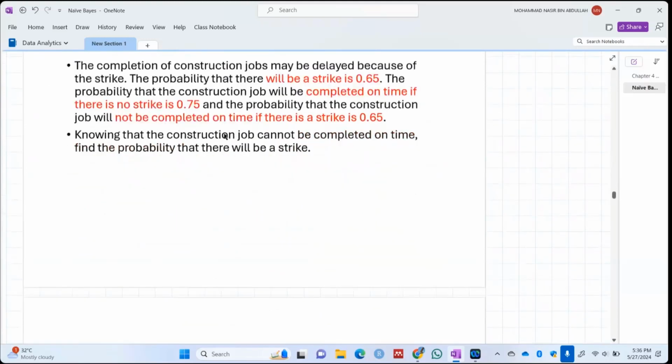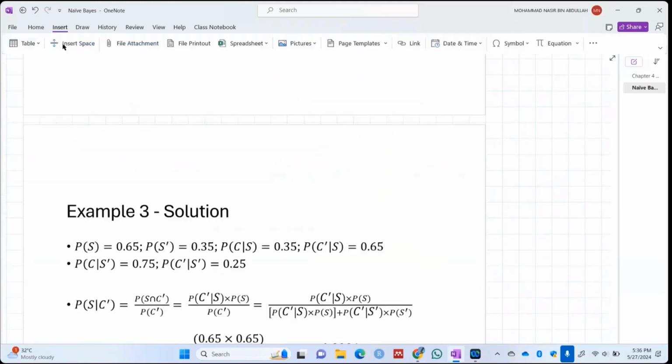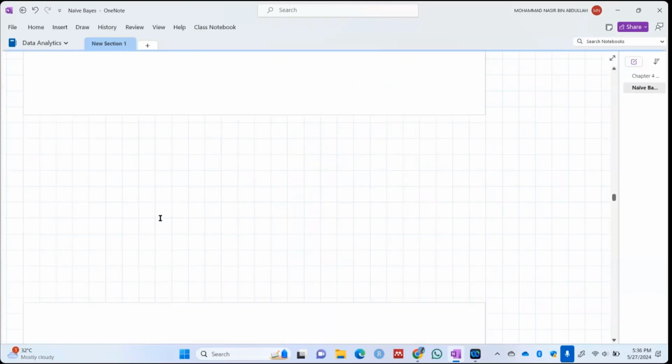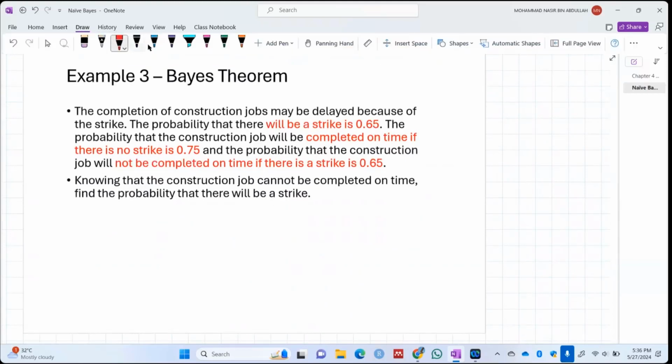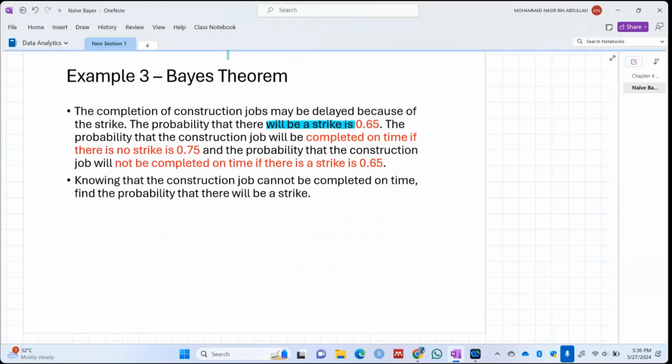Example number 3, where we want to know the probability of a strike. The completion of a construction job may be delayed because of a strike. The probability that there will be a strike is 0.65. The probability that the construction job will be completed on time if there is no strike is 0.75.